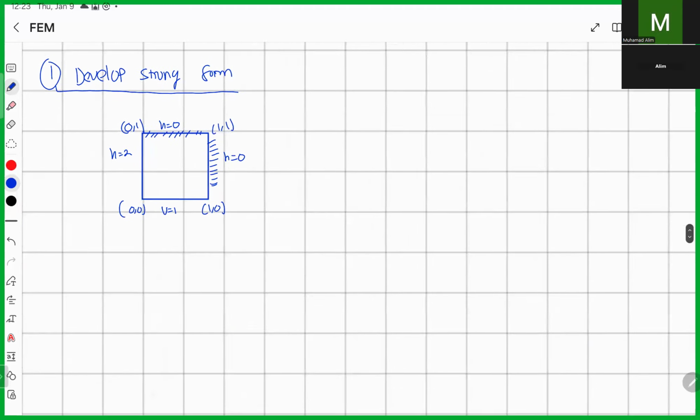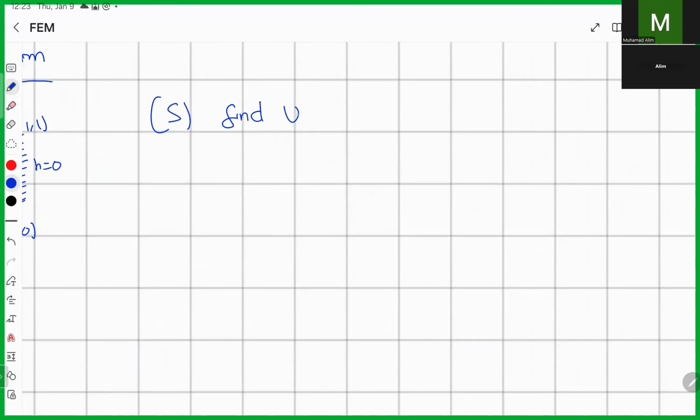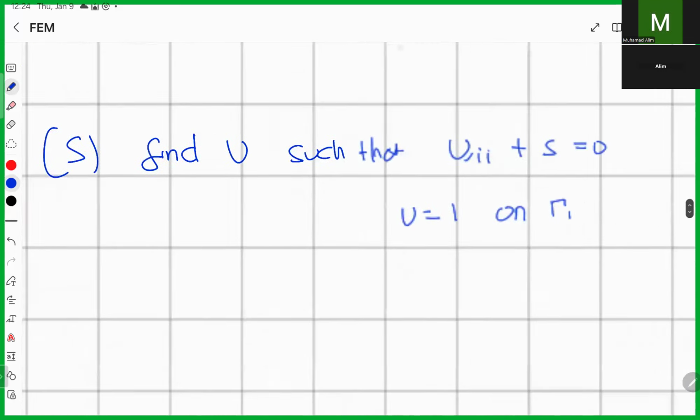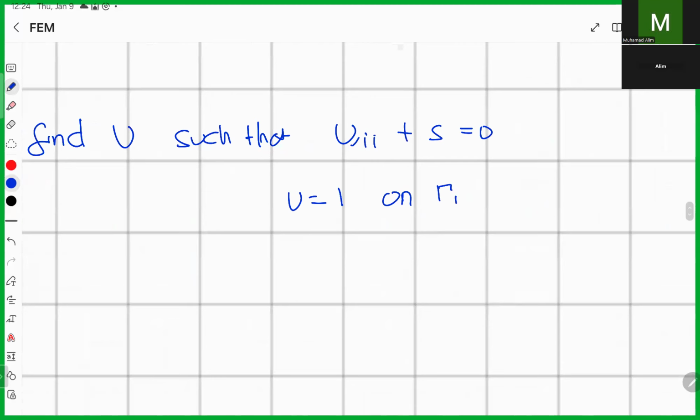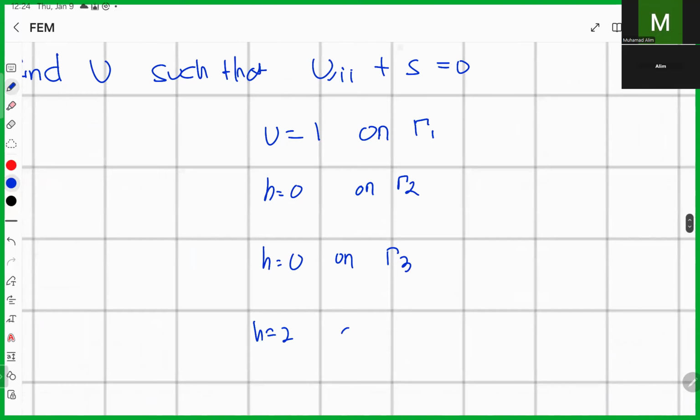So we want to develop the strong form, which can be expressed as: find u as the solution such that u sub i plus s equals 0, where u equals 1 on boundary 1, so this is surface 1, then surfaces 2, 3, and 4. So u equals 1 on surface 1, h equals 0 on surface 2, h equals 0 on surface 3, and h equals 2 on surface 4.